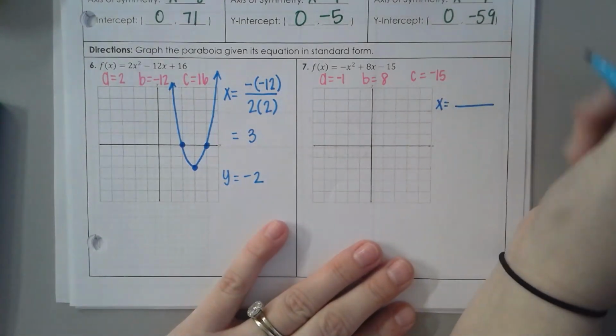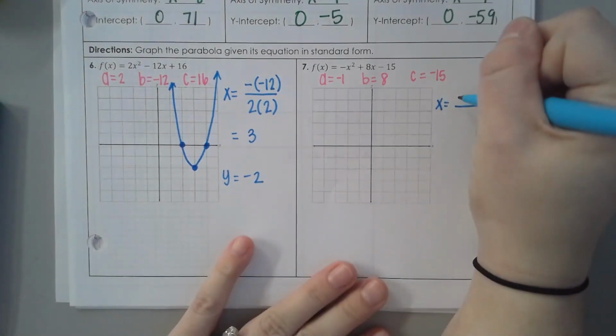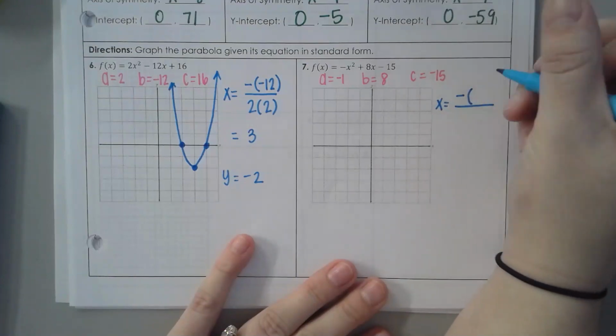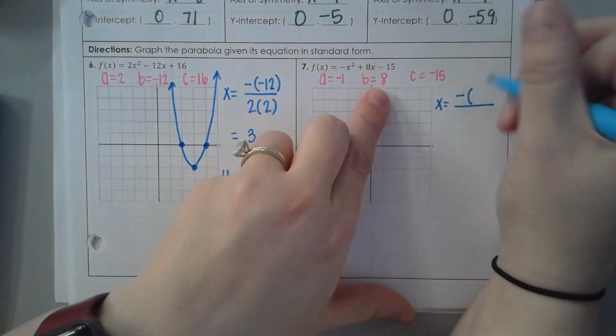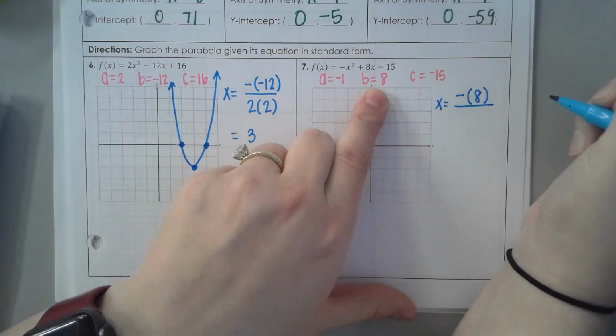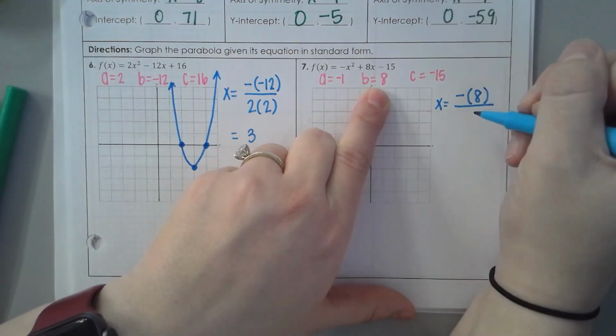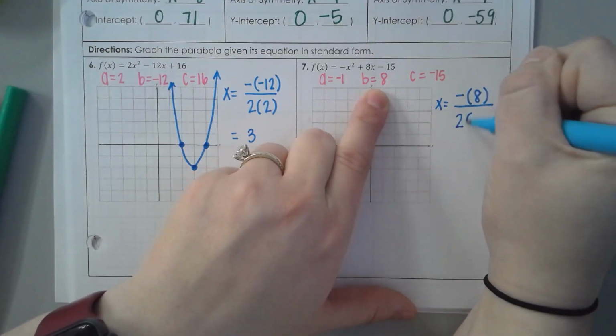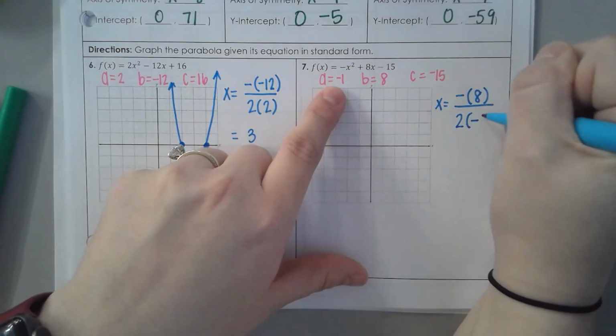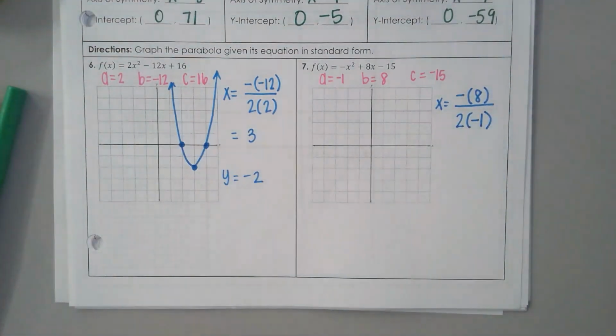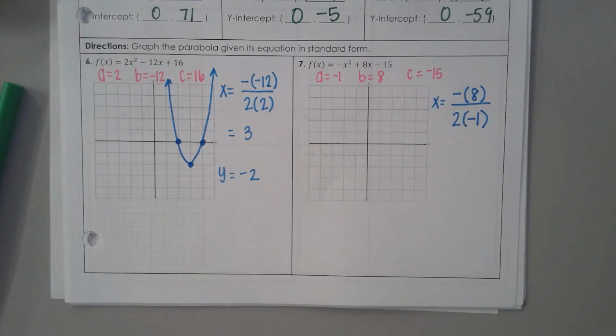So it's x equals negative, and then in parentheses is my b, which is 8, over 2 times my a, which is -1. That's negative b over 2a.